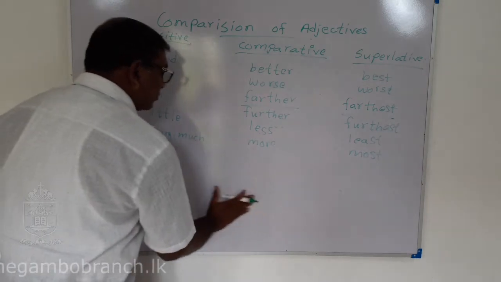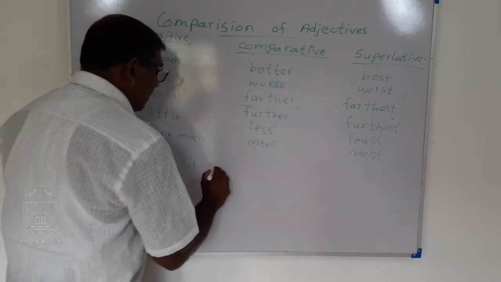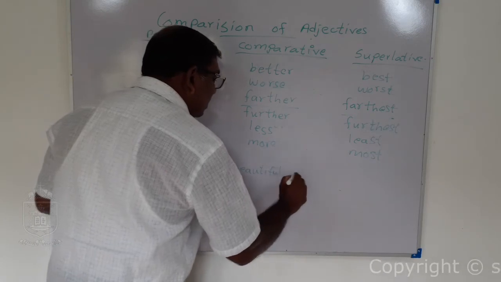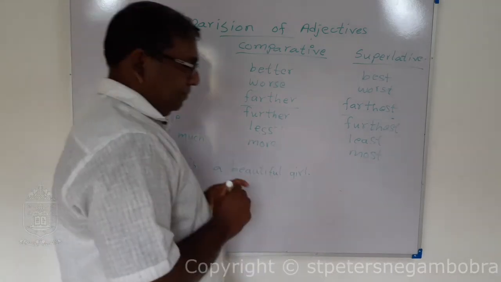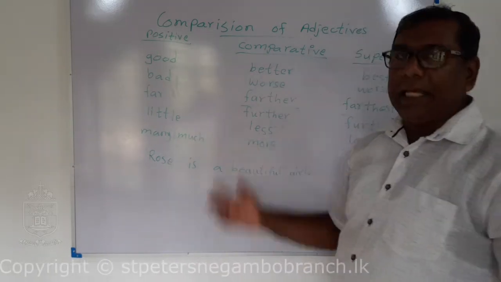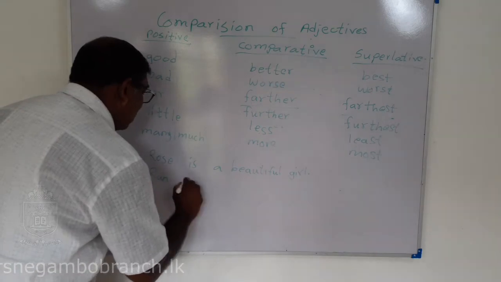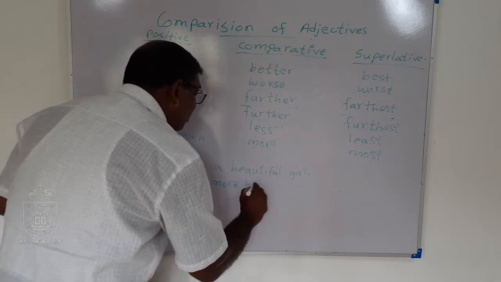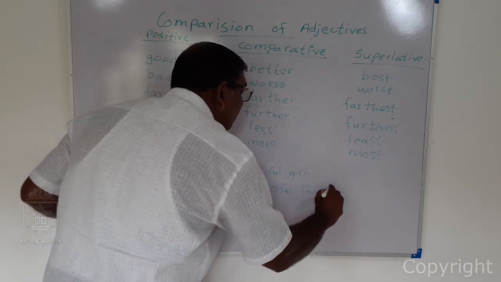Now we'll look at the sentences. Now we say, Rose is a beautiful girl. Now we compare. Comparative adjectives are used to compare people or things. So now, Rani is more beautiful than Rose.